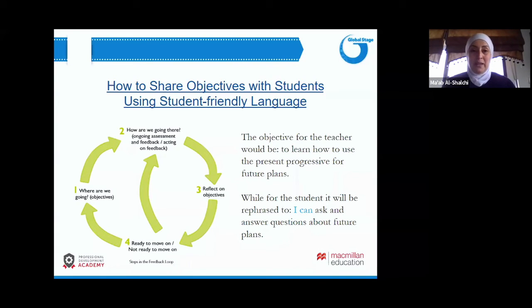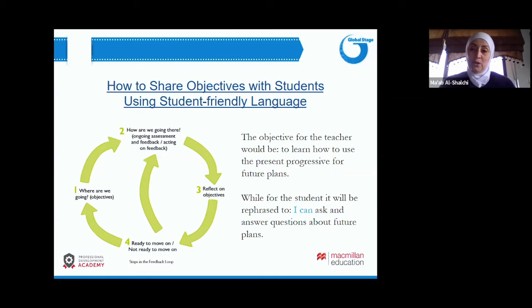Okay, so how to share objectives with students using student-friendly language. The objective for the teacher would be to learn how to use the present progressive for future plans. The objectives in the teacher's book are written for the purpose of lesson planning.